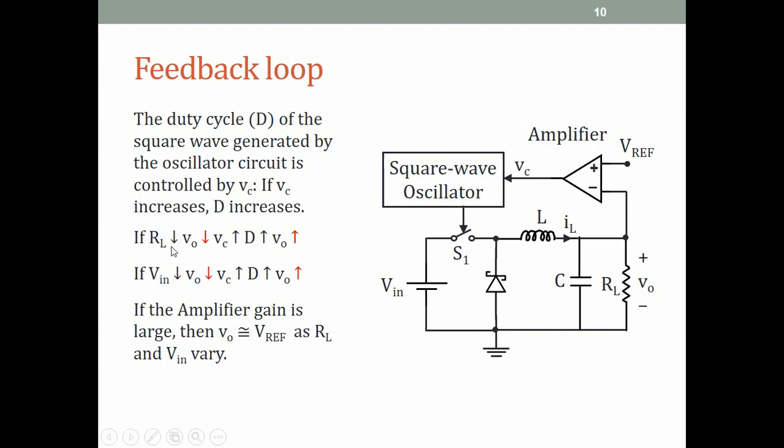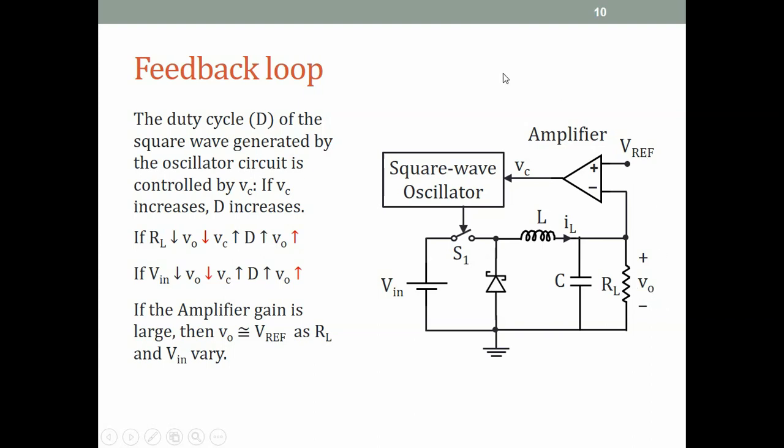So let us say RL decreases. If RL decreases, then VO will tend to decrease because RL has decreased. If VO decreases, then this difference Vref minus VO will increase, because VO has decreased, which means that Vc, which is proportional to Vref minus VO, will also increase. Vc increases, the duty cycle will increase, and if the duty cycle increases, VO will tend to increase.